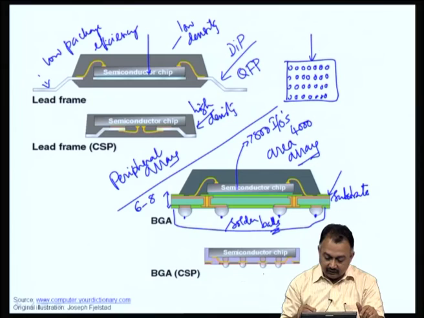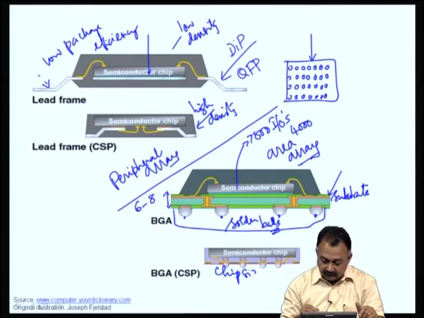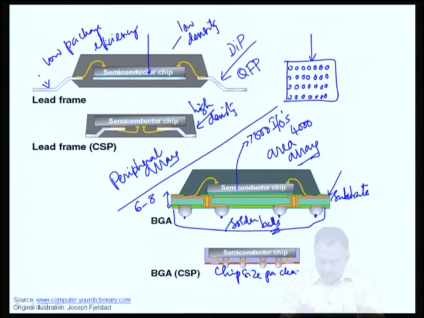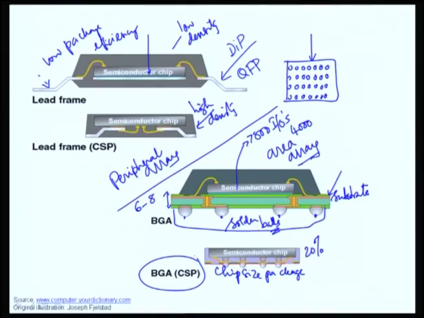And similarly, this one, except that the package area is much less compared to the BGA, is known as a chip size package. As the name indicates, the package area and the chip area are almost the same, just about a 20% difference. By definition, the package area should not exceed 20% of the die area. If it does not exceed, then it classifies as a CSP. Okay. I hope it is clear.